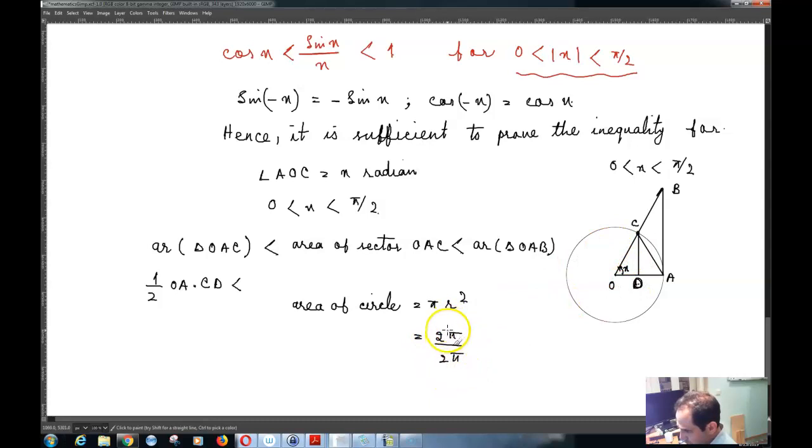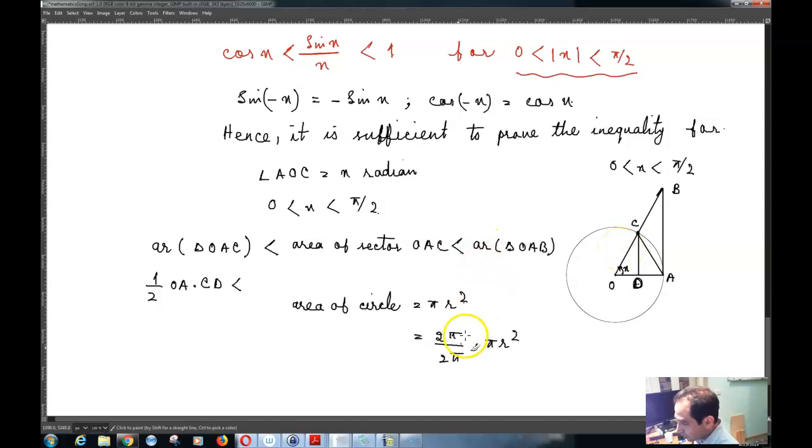So this ratio would be 1, and if you multiply it by pi r squared, that would be the area of a full circle. 2 pi is also one complete revolution in terms of radians, a 2 pi radian angle that you go around the circle. Now this angle over here is X radians.